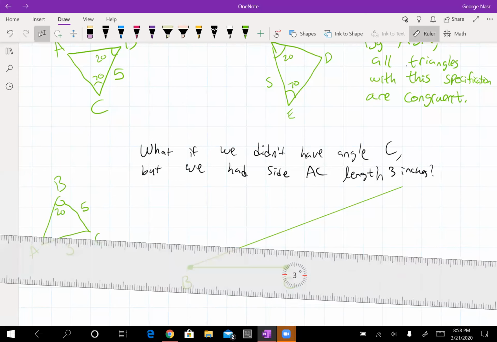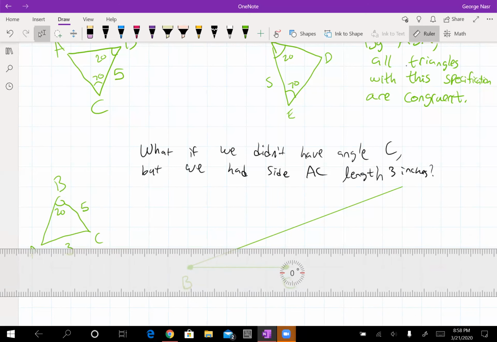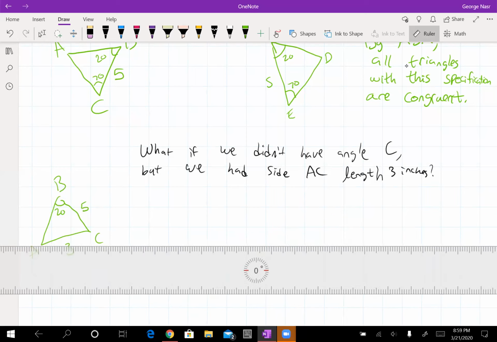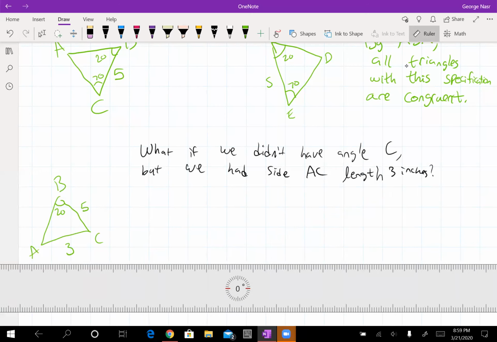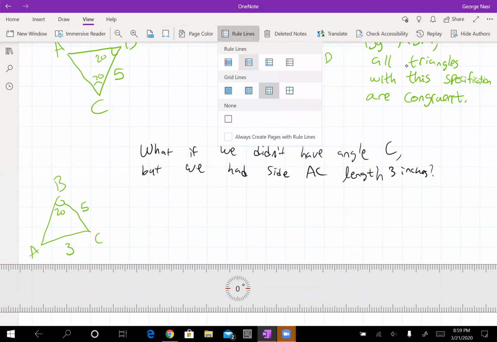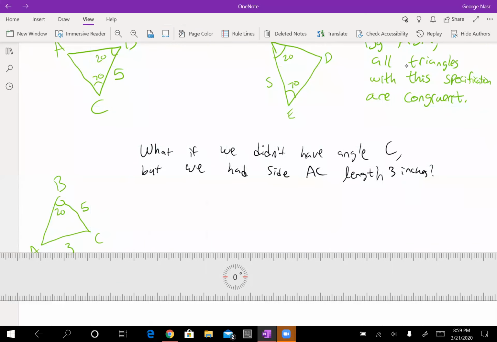So first, you know what? Let's not use the grid lines. I forgot about this. The ruler doesn't work well with the grid lines, unfortunately. So let's forget about the grid lines, and just use the ruler to draw 5 units.